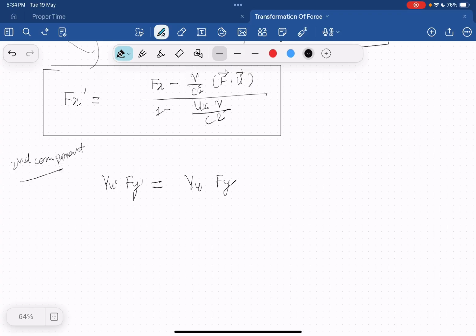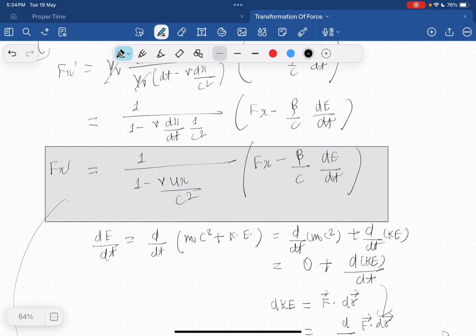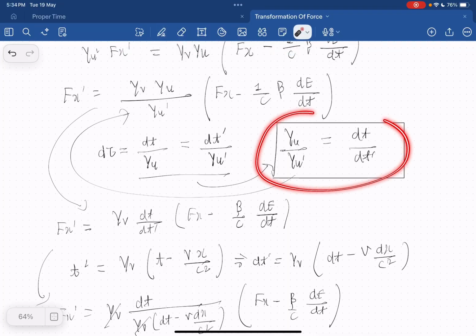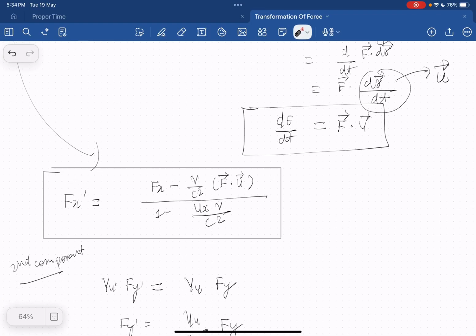Okay, so your fy prime is gamma u by gamma u prime fy, and we know that gamma u by gamma u prime is dt by dt prime.